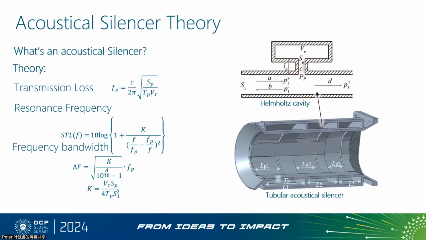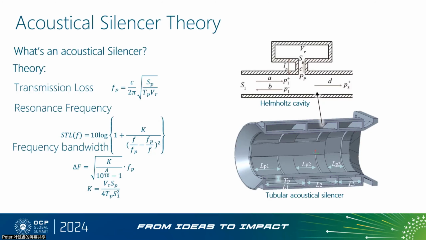It is influenced by three key factors: the area of the neck, the thickness of the neck, and the volume enclosed within the cavity. When the frequency of the incoming wave matches Fp, the silencer achieves a significant transmission loss, enhancing its noise reduction capabilities.